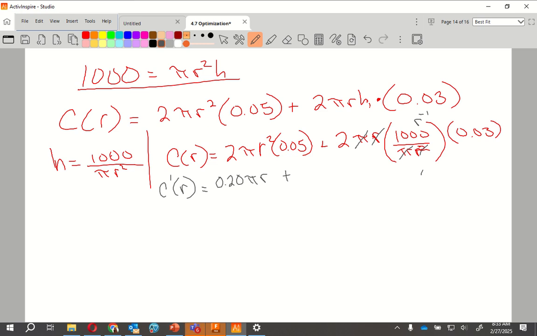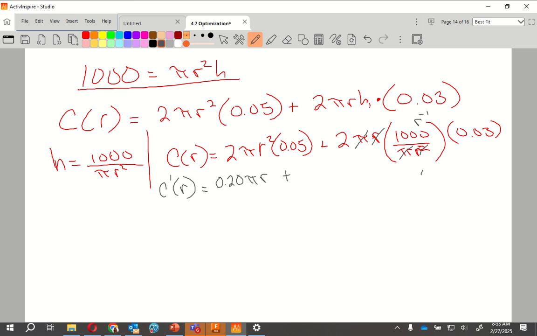So 2 times 3 cents is 6 cents. 6 cents times 1,000 is going to be $60.